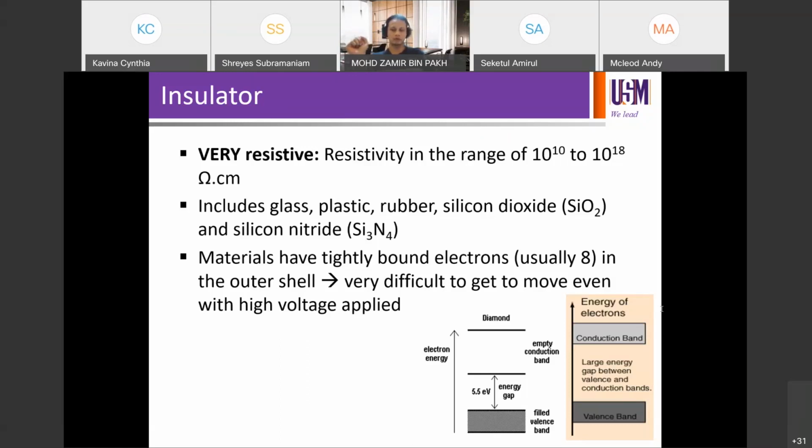You have to do certain things, extremely high voltage or something, in order to force them to do the job. They don't conduct because they have tightly bound electrons, usually 8 valence electrons in the outermost shell. When you have 8 tightly bound outer electrons, they don't move freely, therefore they don't conduct.